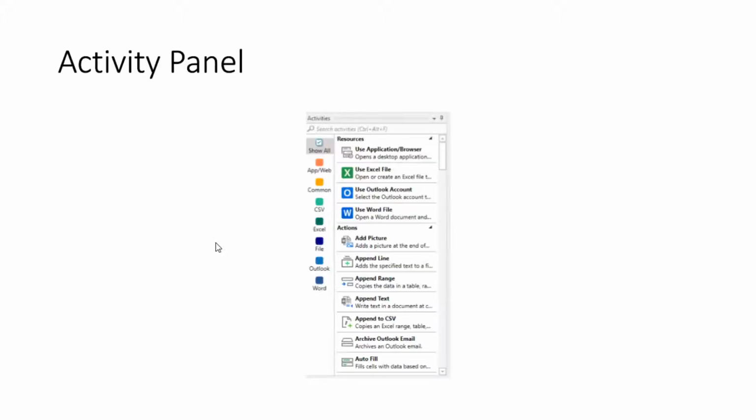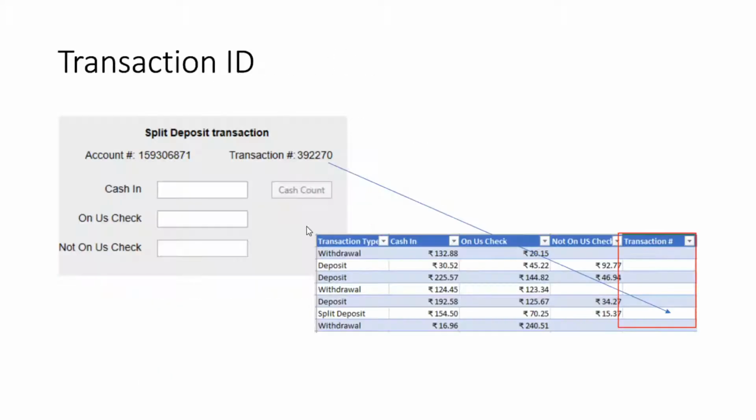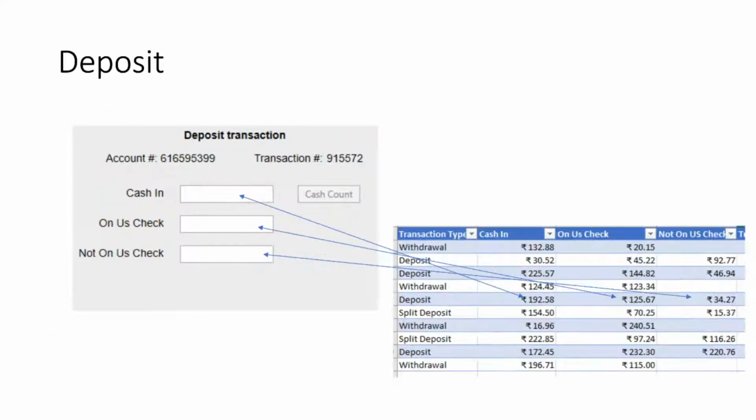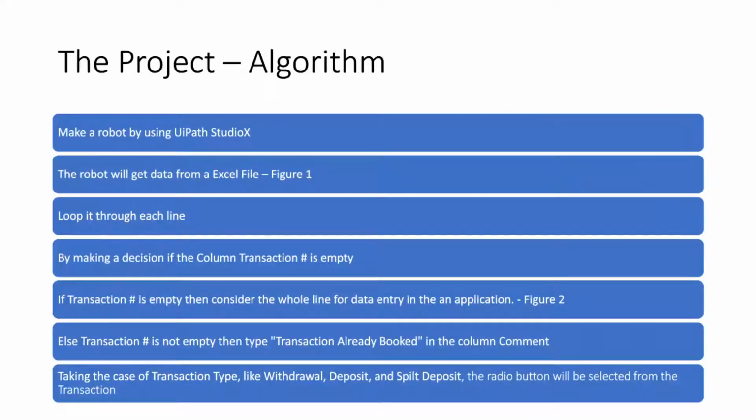if we look into the algorithm itself, let me go to the algorithm first. You can see that if transaction is empty, then consider the whole line for data entry, and else the transaction is not empty, then type transaction already booked.